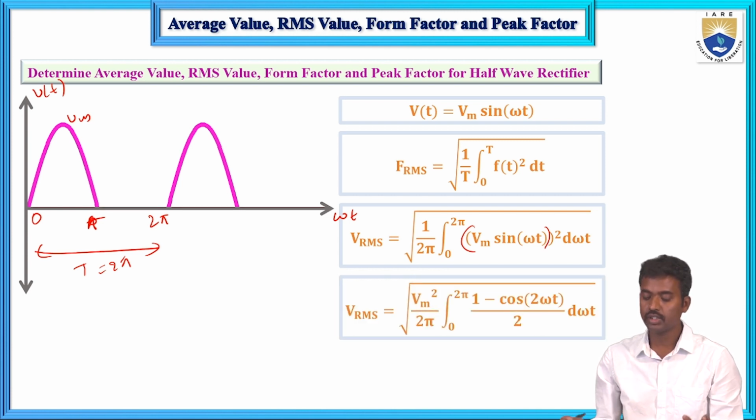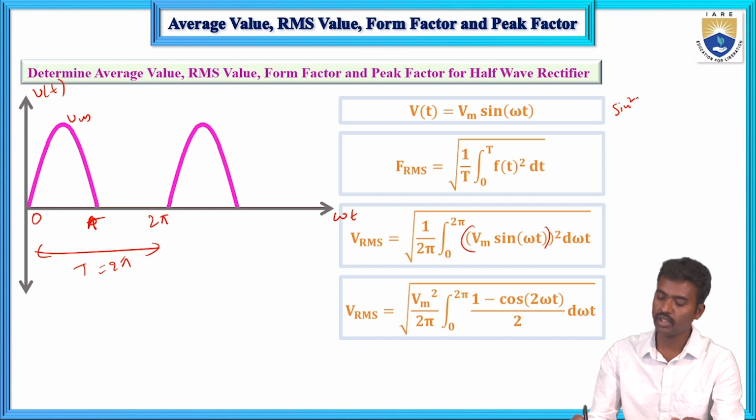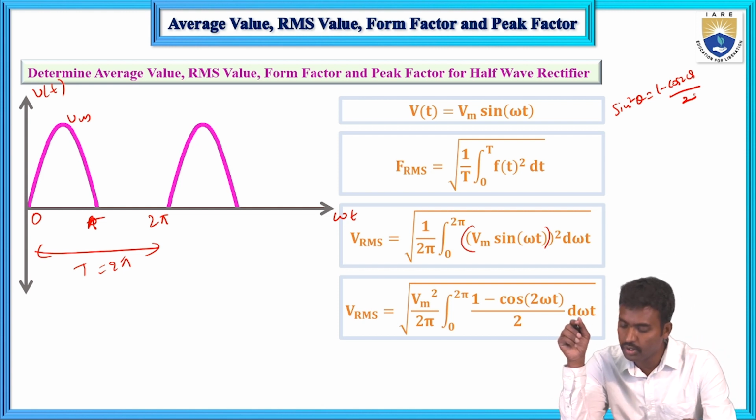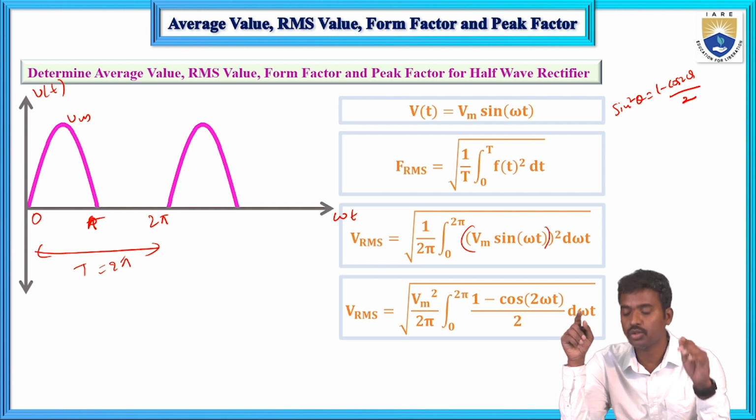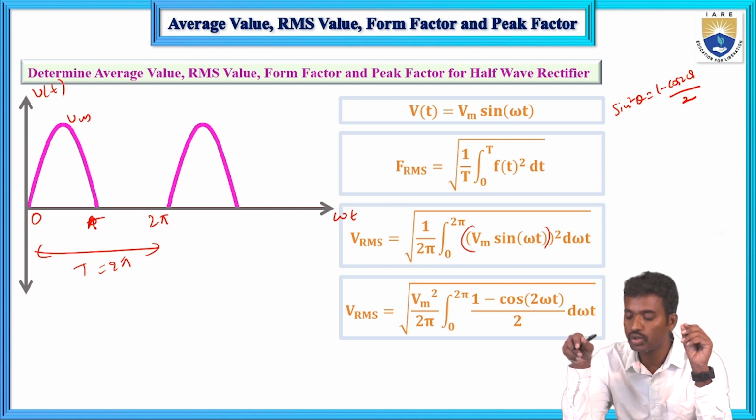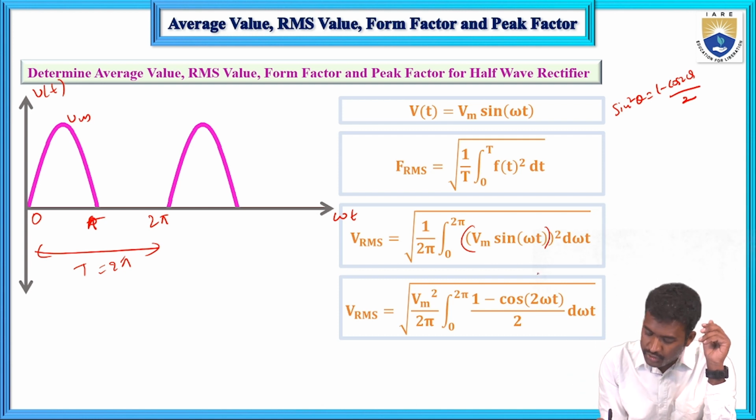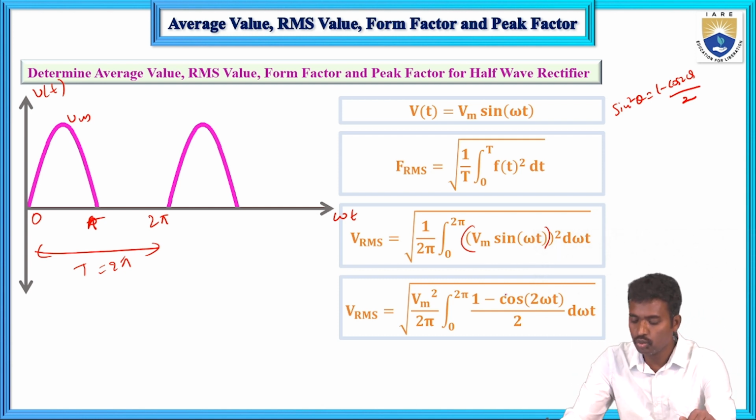Now here, same thing: sin square theta equals 1 minus cos 2 theta divided by 2. This is the trigonometric formula, or cos 2 theta equals 1 minus 2 sin square theta. So here sin square omega t equals 1 minus cos 2 omega t divided by 2.